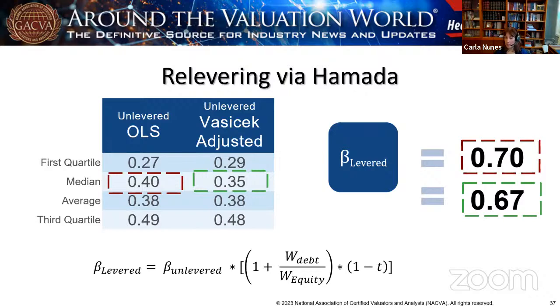So there's not a big difference, but there are instances where there would be differences. And so this tool provides you all of the options to help you select a better beta when you're reaching your conclusion.